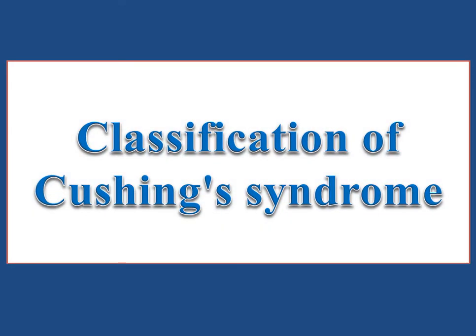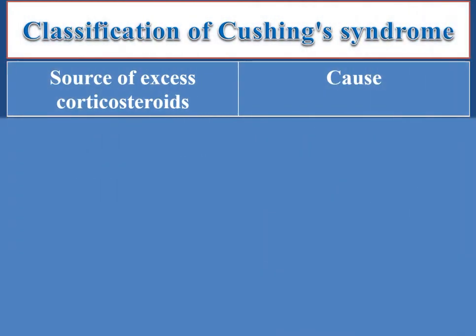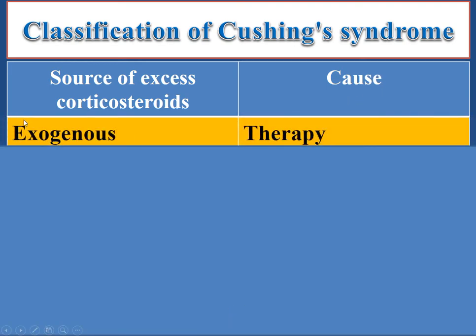Classification of Cushing syndrome. In classification of Cushing syndrome, we should look at the source of excess corticosteroids and the cause. Initially, exogenous corticosteroids are the result of therapy.